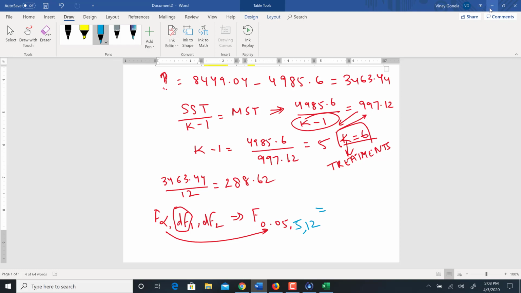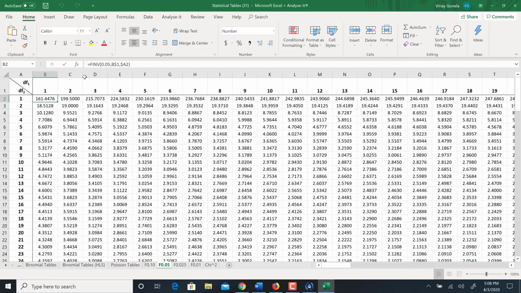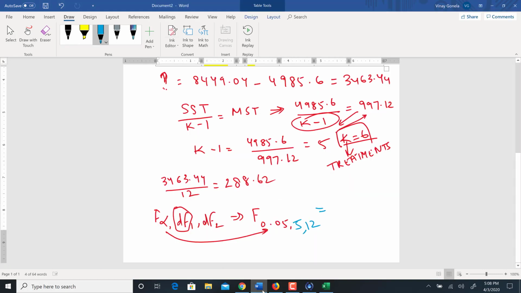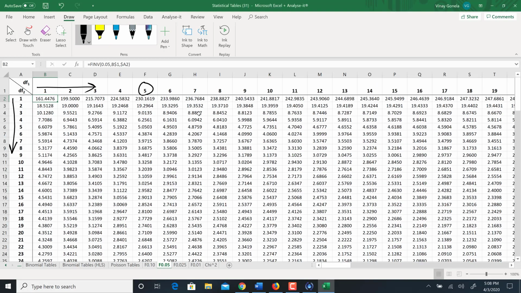So degree of freedom 1 is this way, and degree of freedom 2 is this way. So I am looking for degree of freedom 1 as 5, and degree of freedom 2 as 12.